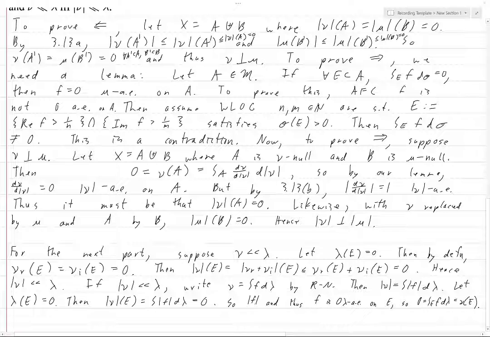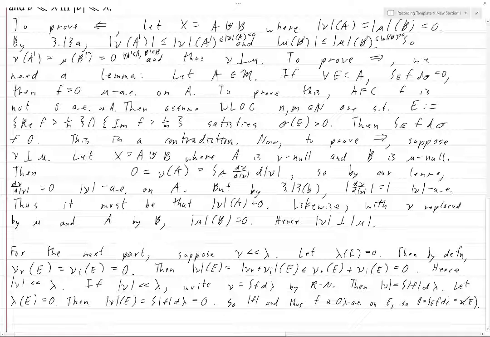One more thing. I realized I made a mistake. So I said this thing about us not needing e. That was completely wrong. What happened was I had written in my notes nu almost everywhere on e here, but in fact it needs to be a here, so I was wrong in my notes.